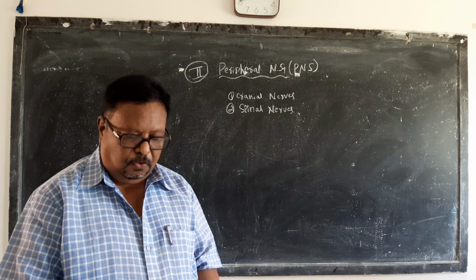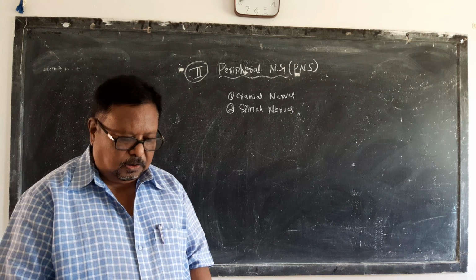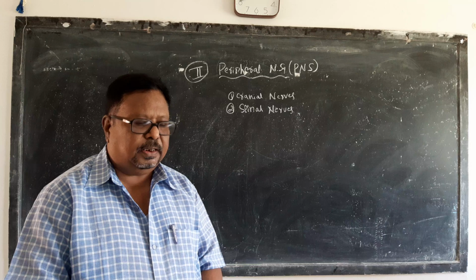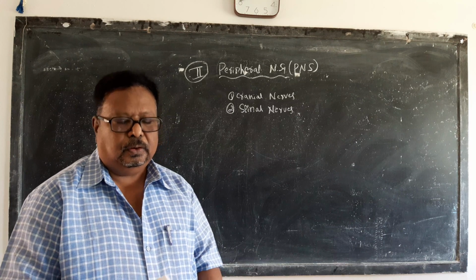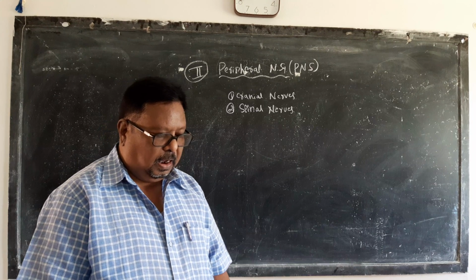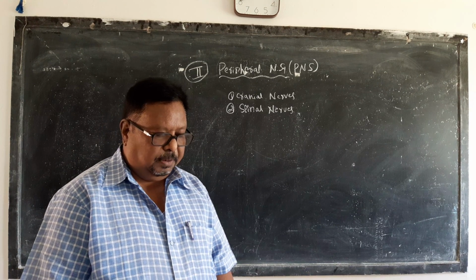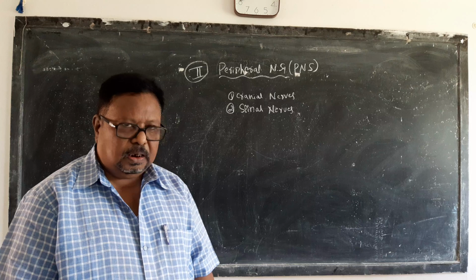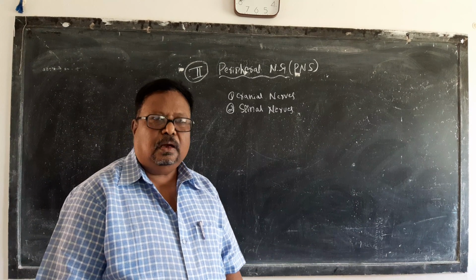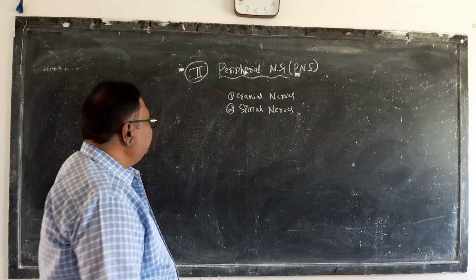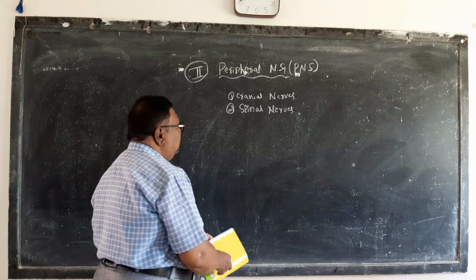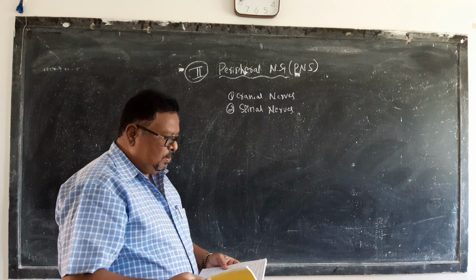There are two types of nerve fibers present in the peripheral nervous system. The first one is the cranial nerves and the second one is the spinal nerves.